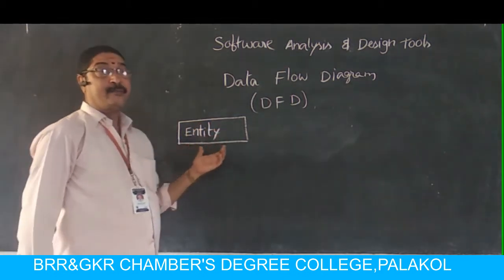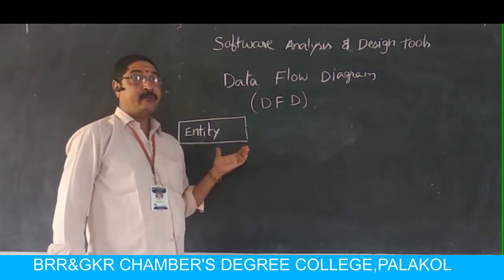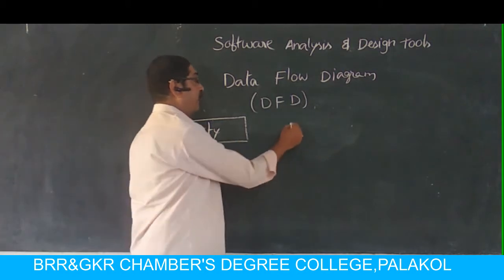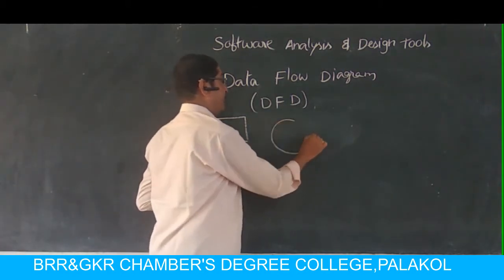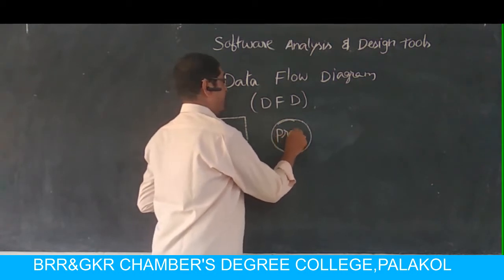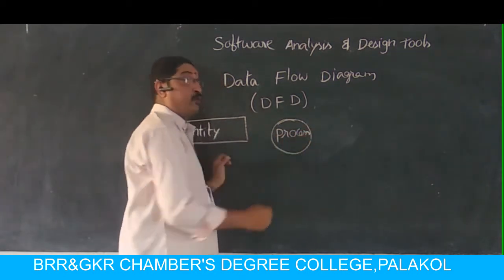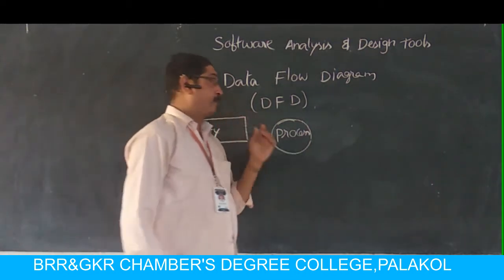This is one symbol that is used to represent an entity. And the next symbol we have is a circle. These are the symbols that we are going to use in data flow diagrams.